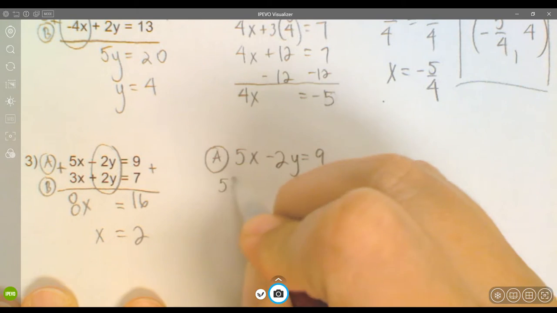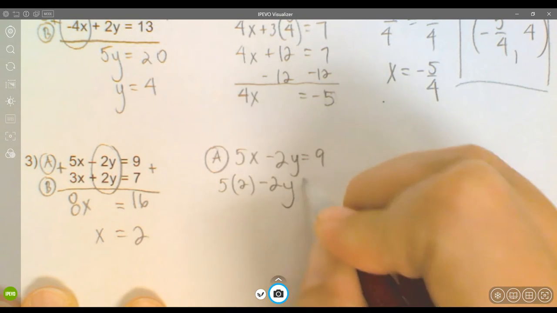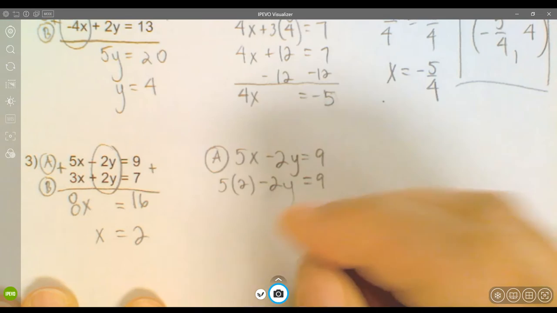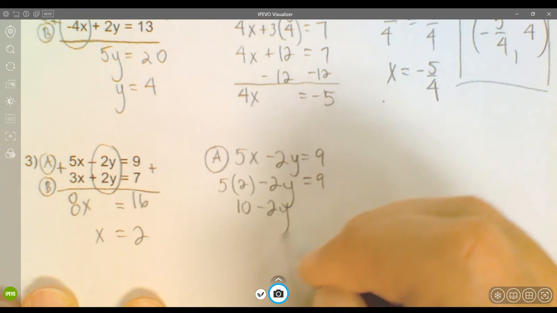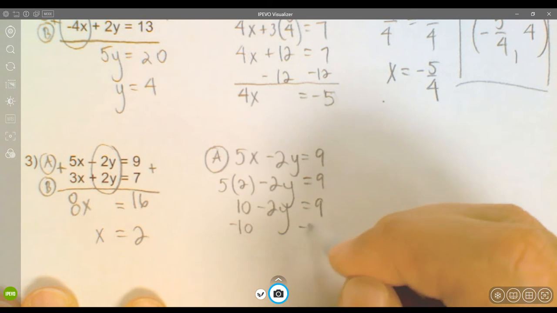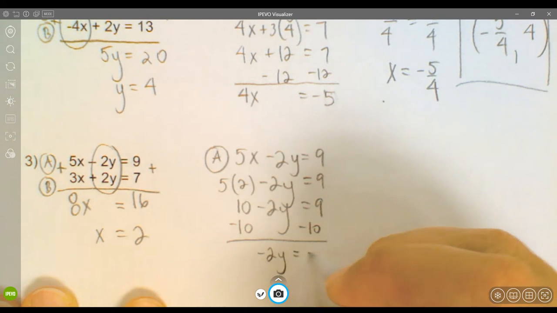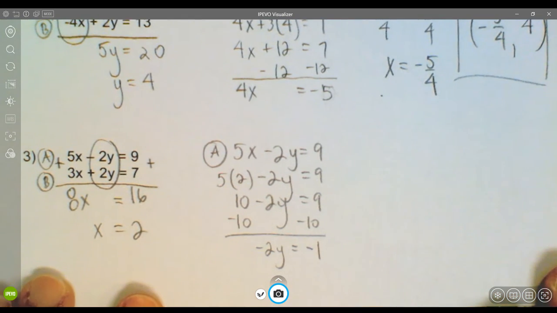So 5x minus 2y becomes 5 times 2 minus 2y equals 9. So if 10 minus 2y equals 9, we will subtract 10 from both sides.